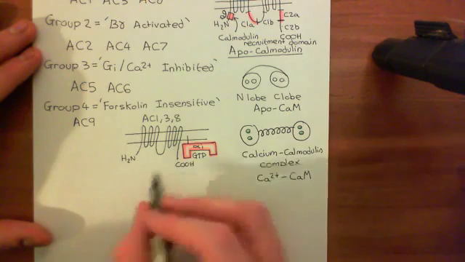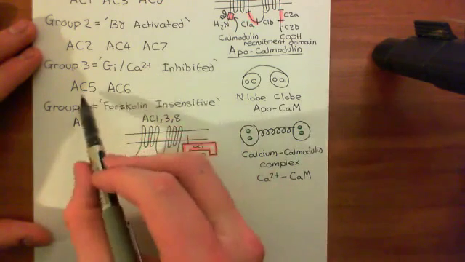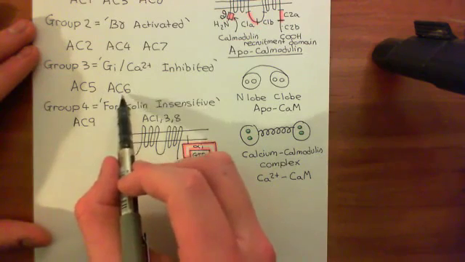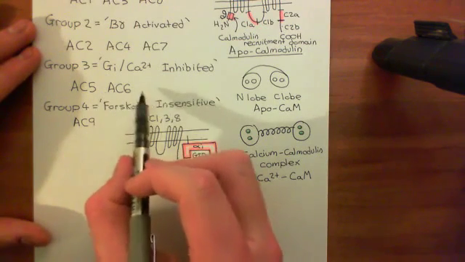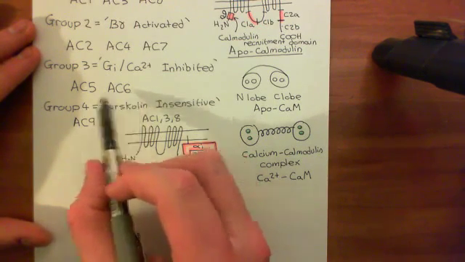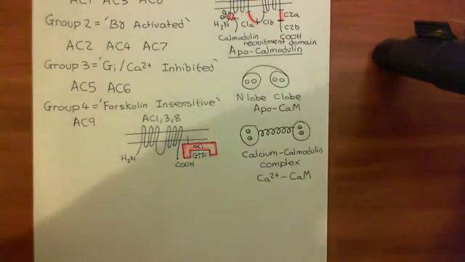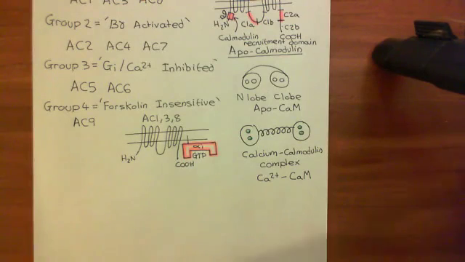Okay, in this case, the alpha I GTP subunit will just bind to the adenylyl cyclase 5 and the adenylyl cyclase 6 and will actually just inhibit the enzyme, i.e. reduce its ability to activate and produce cyclic AMP from ATP.